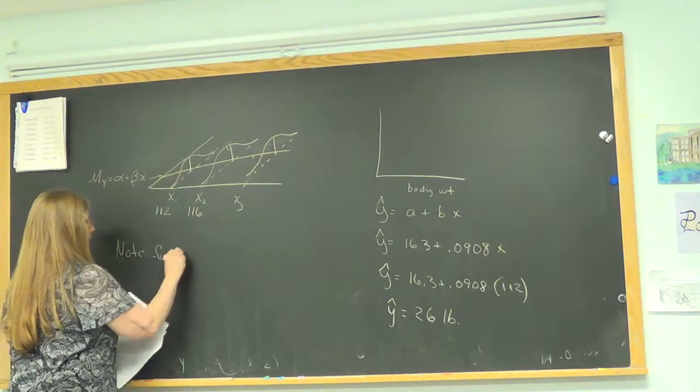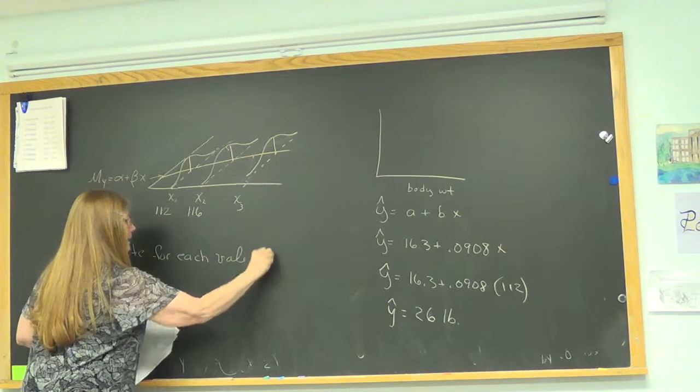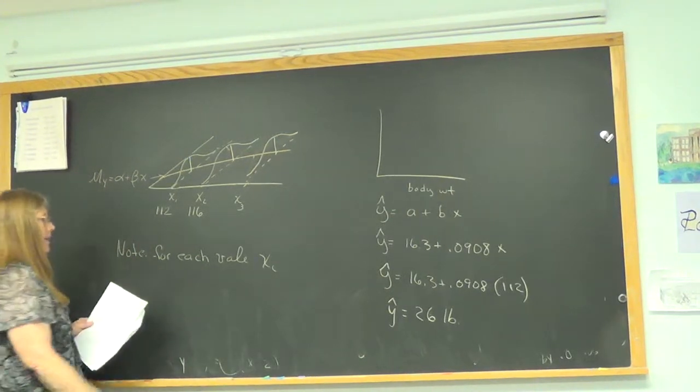for each value, we'll call it X of I. So it could be any of these and many, many more, an infinite number more.